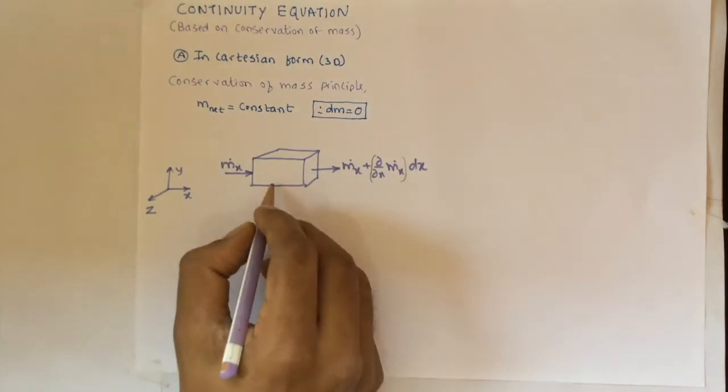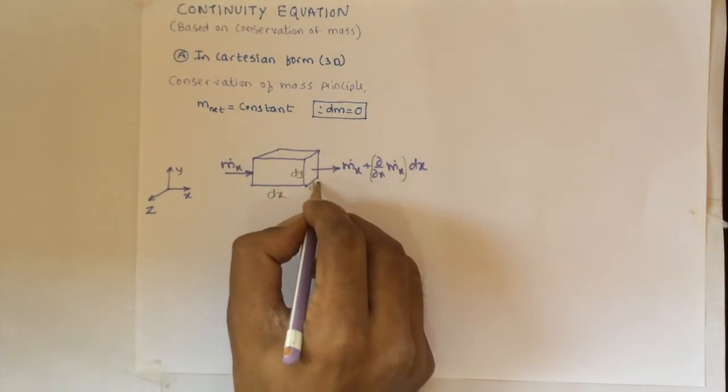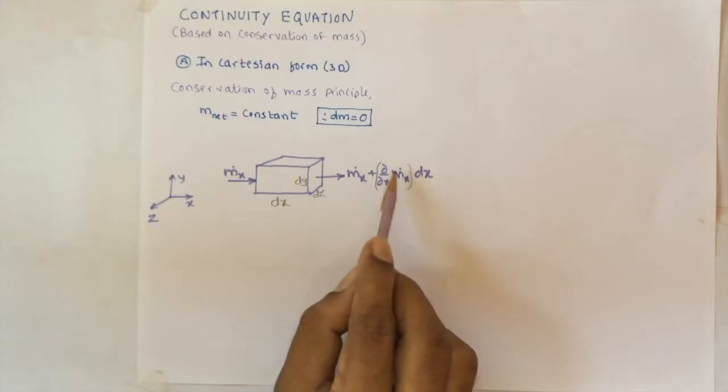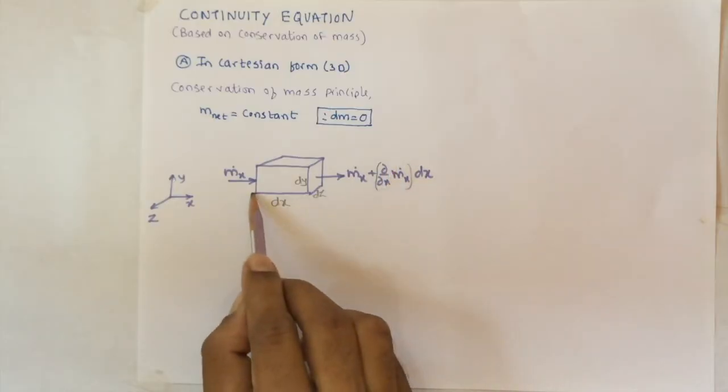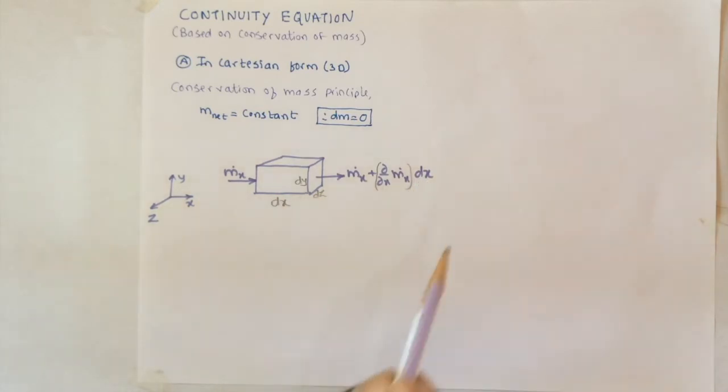The dimensions of the element are dx, dy and dz. So dou by dou x of m dot x is for a small infinitesimal length, and for the length of dx it should be multiplied by dx.